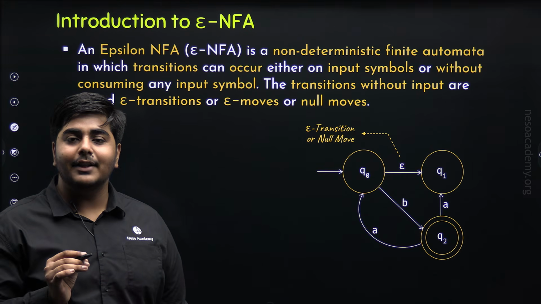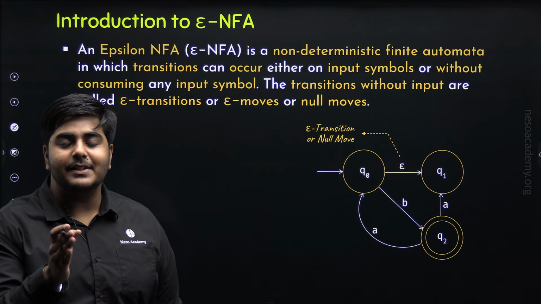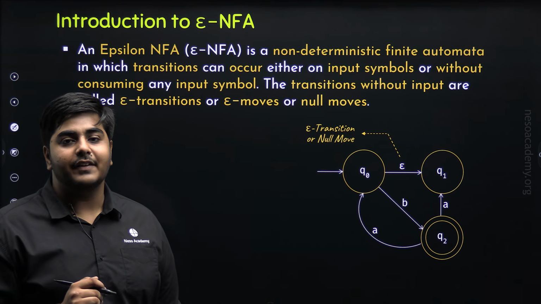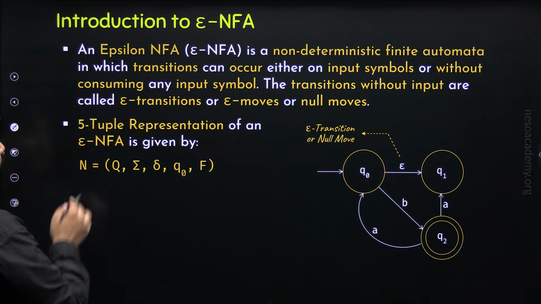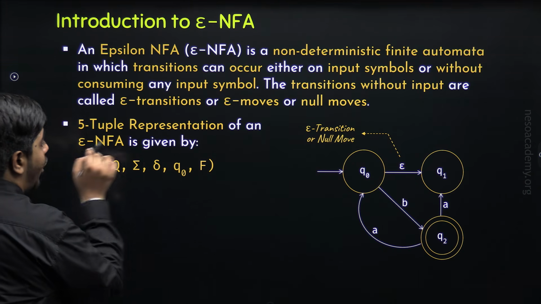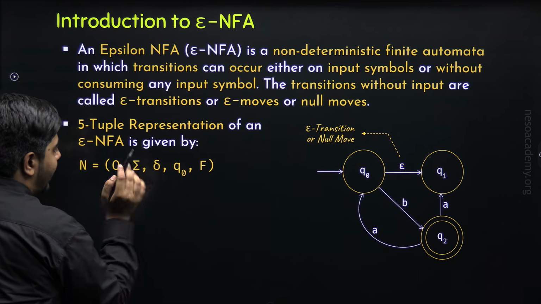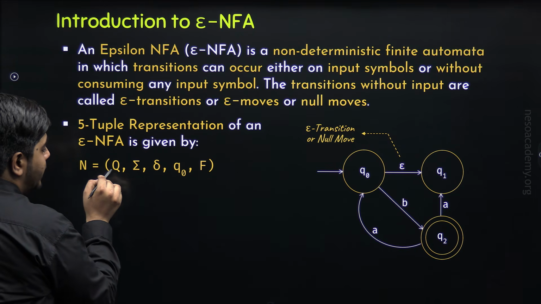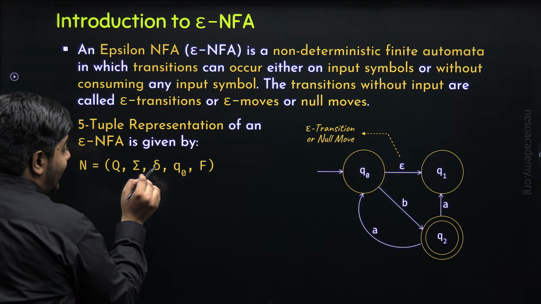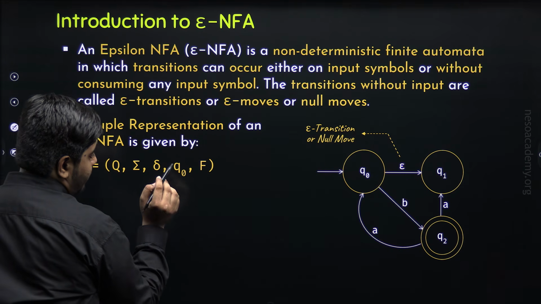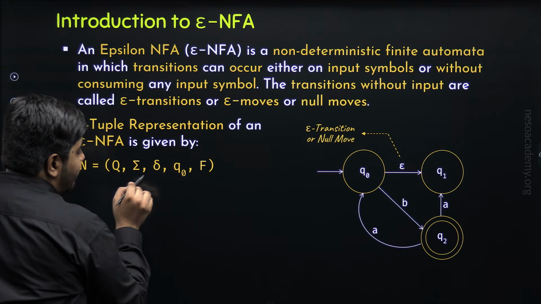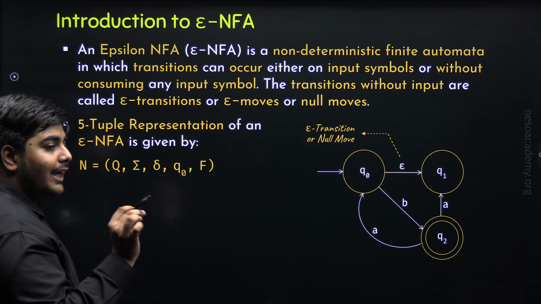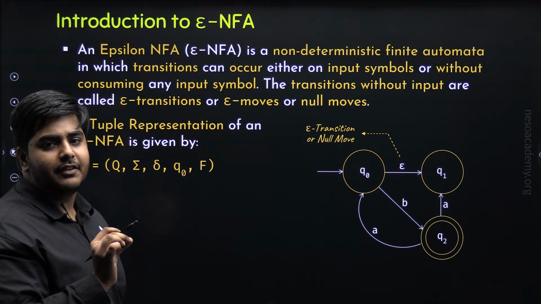Now we are going to understand the 5-tuple representation of an epsilon-NFA. The 5-tuple representation of an epsilon-NFA is given by N, which is our epsilon-NFA, equal to (Q, Σ, δ, q0, F). These 5 elements are used to entirely represent an epsilon-NFA.